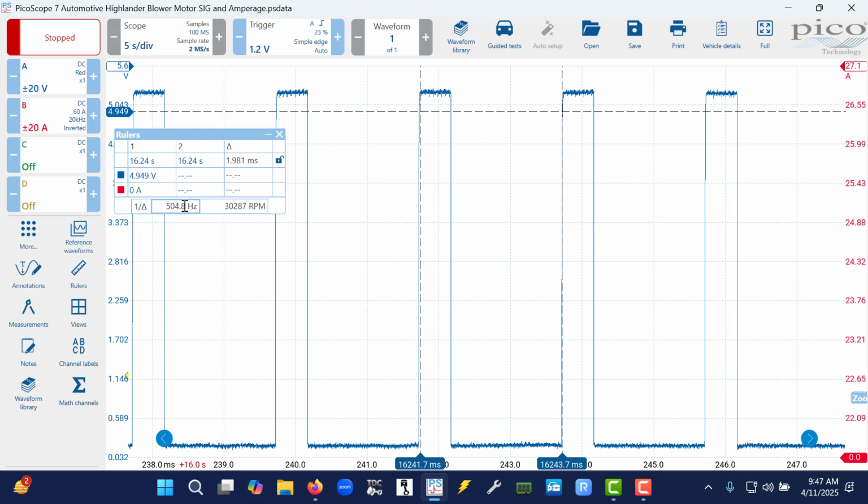So again, the frequency, the cycles per second, remains the same, but the amount of time that signal is present to ground actually varies, or the signal that's high varies.